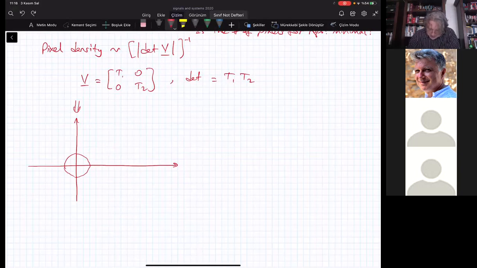It must touch somewhere here, and the situation will be like this. It's a little bit more difficult to draw, unfortunately, as you see. But you get the picture.